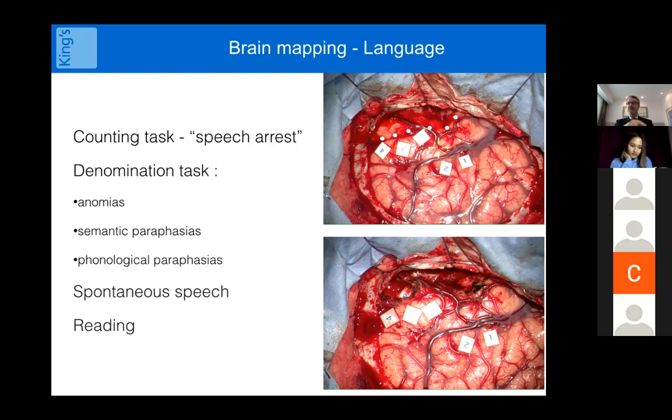And there you stimulate again with your bipolar to find out what areas are responsible for a characteristic speech deficit. And then again, you do your resection.